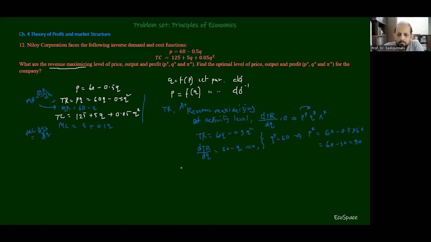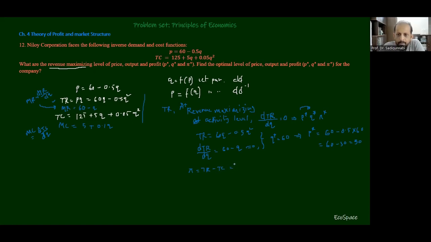All right, so from this, we can find profit. So pi equals, again, TR minus TC.